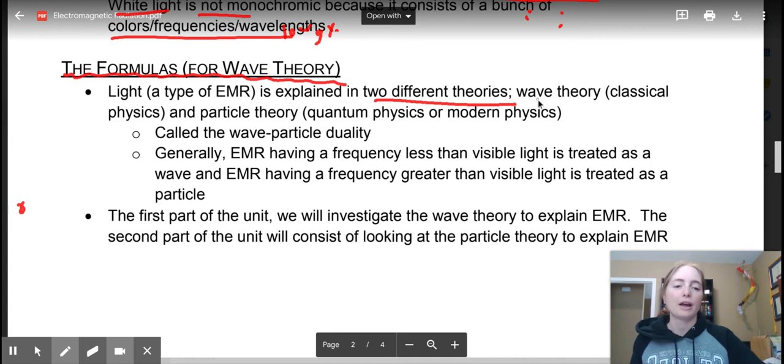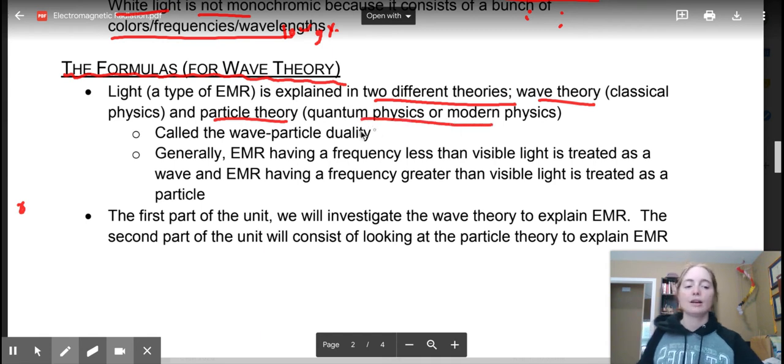We have wave theory, so classical physics, and particle theory, which is quantum physics or modern physics. So it used to be thought that light waves, and EMR were all pure waves. Well, not exactly, because sometimes they can be explained by both particle theory and by wave theory. So this is called wave-particle duality because sometimes light can be measured as if it was a wave and sometimes it behaves as if it's a particle. So it can be kind of confusing.